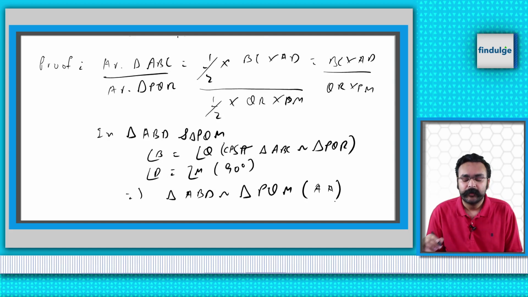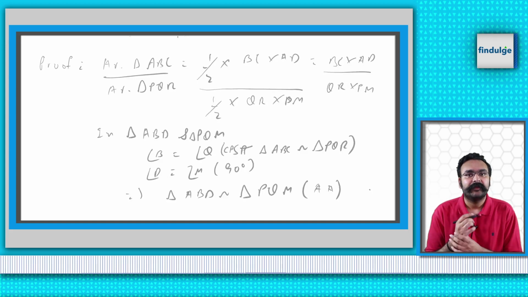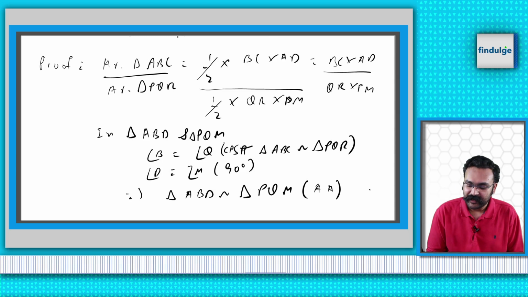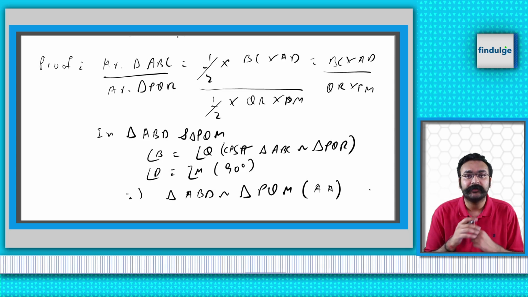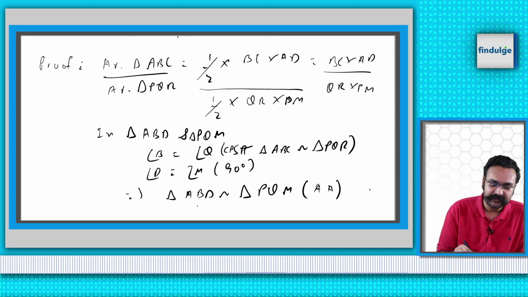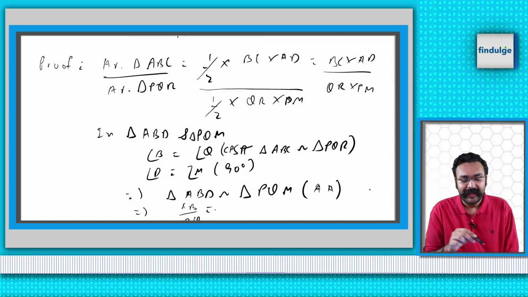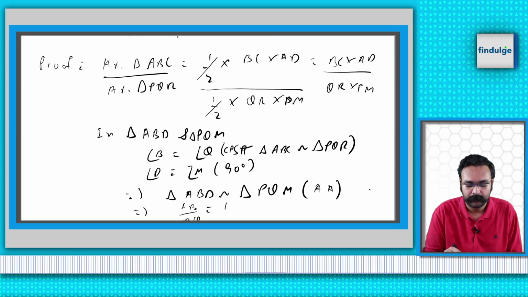Why did we do this? Because now if the triangles are similar, I can use them to find a relationship between the ratios of the sides. This will imply that AB upon PQ is equal to AD upon PM, which is what I had over here.